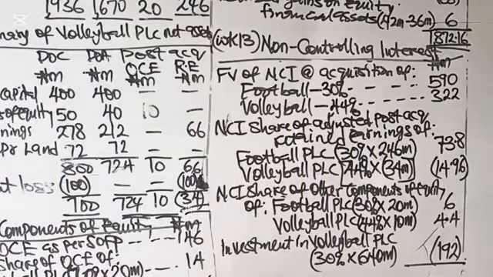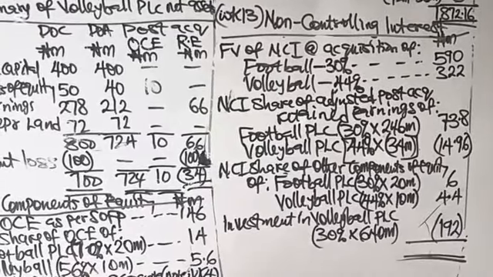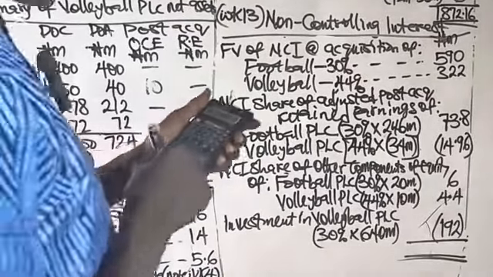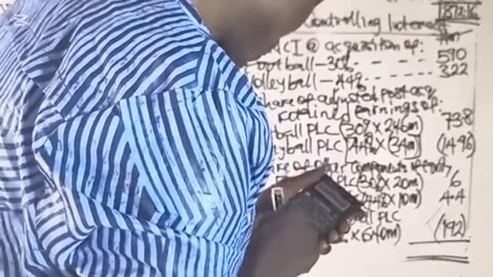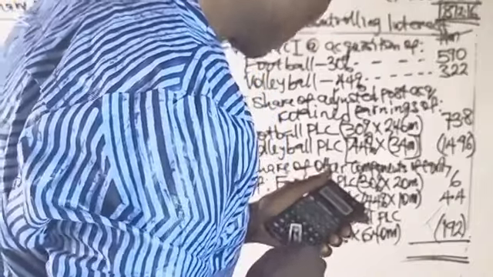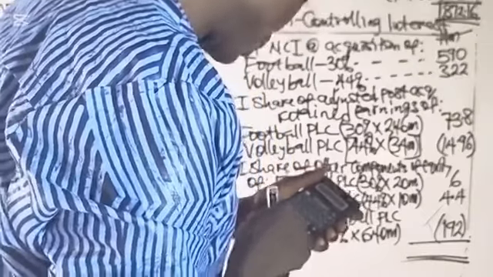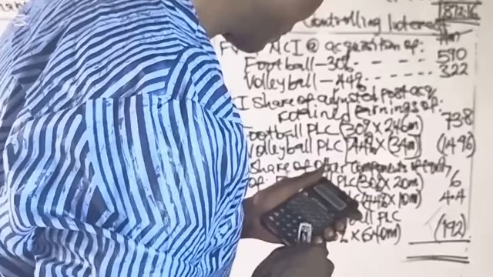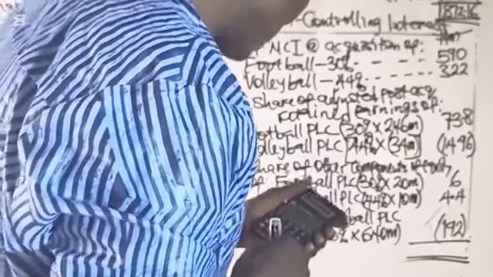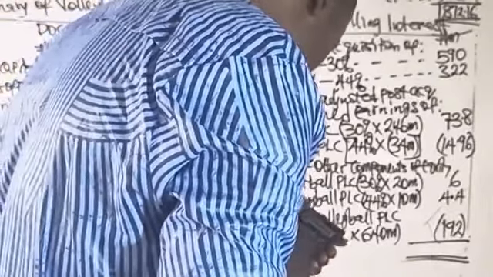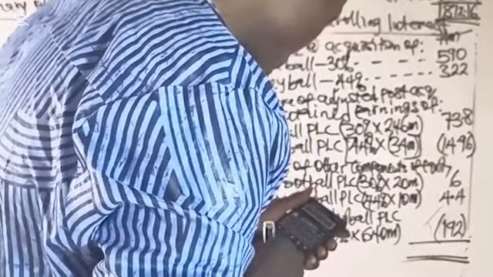Having calculated the non-controlling interest, now let's sum this up. 590 plus 322 plus 73.8 minus 14.96 plus 6 plus 4.4 minus 192.